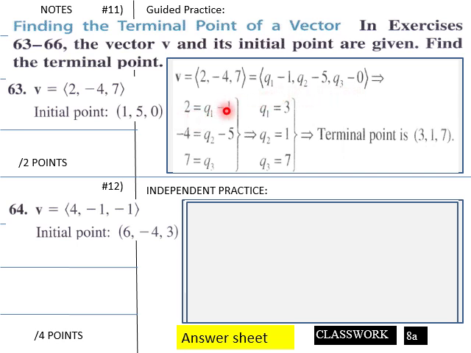So we have our three equations: 2 equals q1 minus 1, negative 4 equals q2 minus 5, and 7 equals q3. So q1 equals 3, q2 equals 1, and q3 equals 7. The terminal point would be 3, 1, and 7.